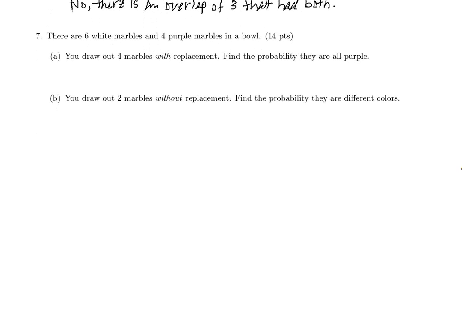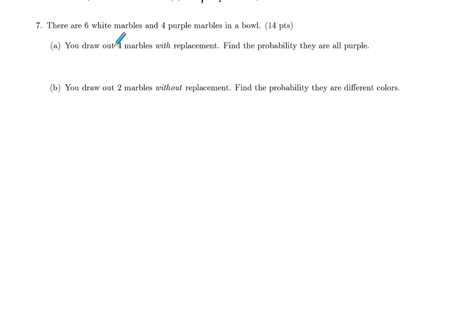And then we're ending up here with some tree diagrams. We've got 6 white marbles and 4 purple marbles in a bowl. If you draw out marbles with replacement, so with replacement, this is independent. Find the probability they're all purple. Well, let's draw our bin of marbles here. So we got some marbles in here.